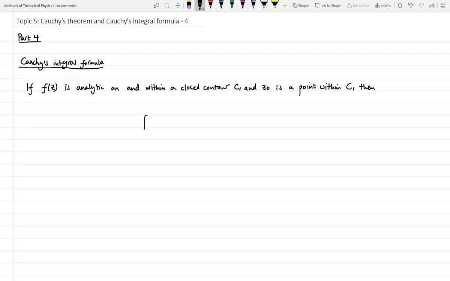The integral in the normal anti-clockwise sense along the closed contour C of our complex function divided by z minus z0, dz, is given by 2 pi i times our complex function evaluated at that point z0.